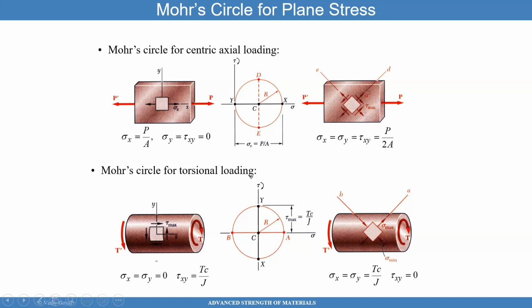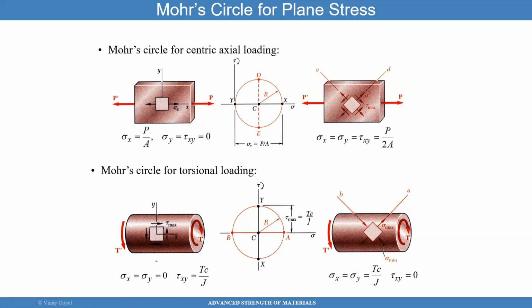If I look at torsional loading, a more complex loading condition, it is pure shear, while sigma x and sigma y are 0. There's no sigma x or sigma y. When you do this calculation, you'll find that the center is right here in the middle. Because sigma x and sigma y are 0, 0 plus 0 is 0, divided by 2 is 0 still. So the center of the circle goes here.